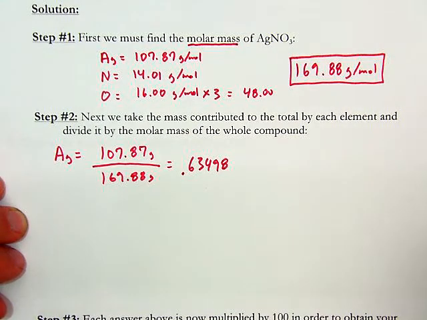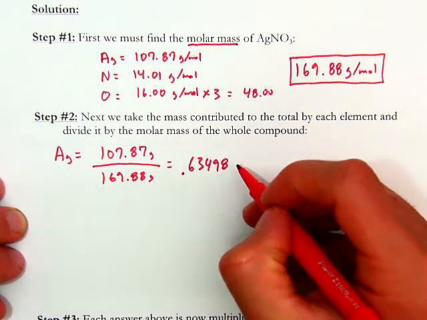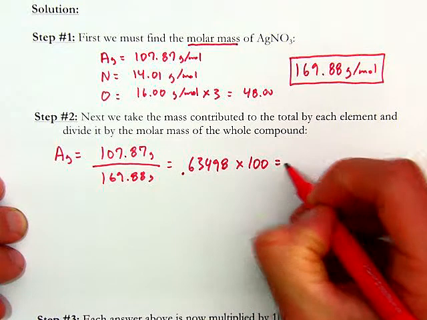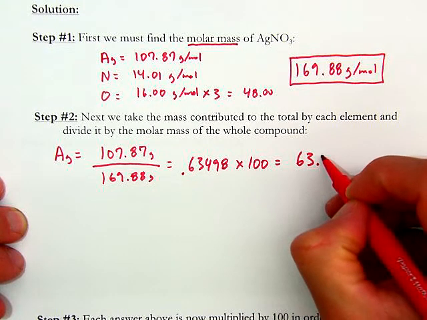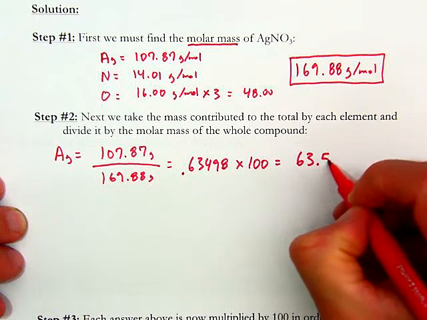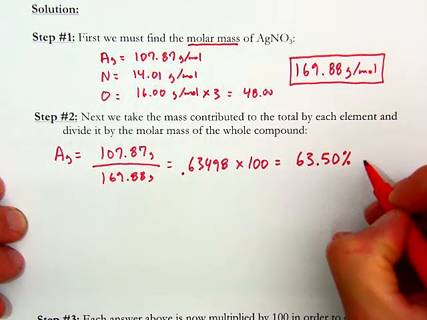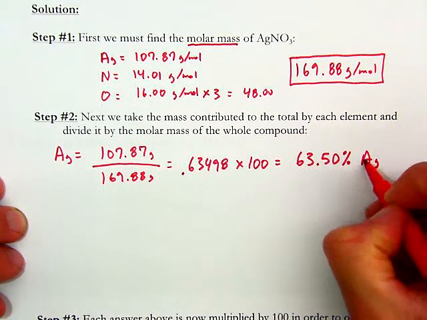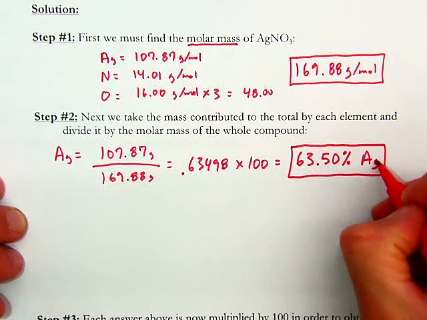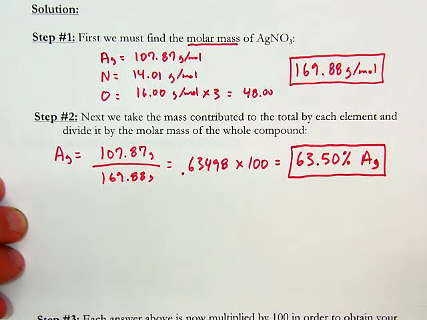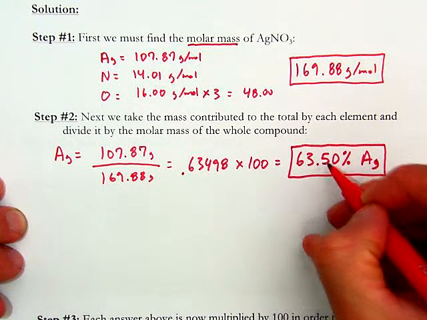But we want percent composition, so we take this times 100, and that gives us about 63.5% Ag by mass.